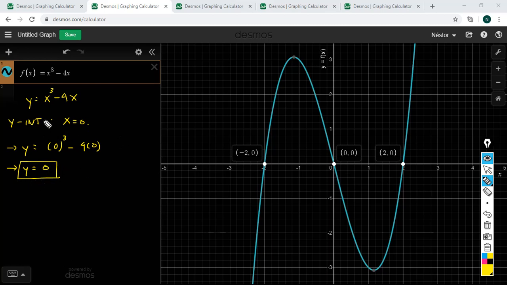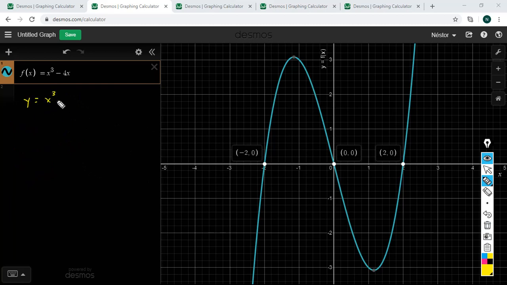Now, I'm going to erase this again. I need more space. Now let's get the x-intercepts. I'm going to write x-intercepts. I need to make y equals 0. So let's do it. In this function, I'm going to make the y equal to 0.